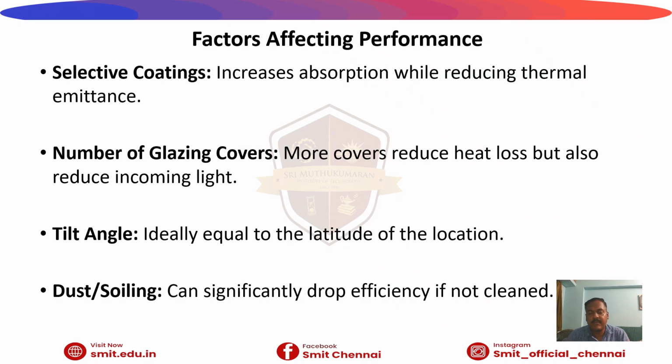Factors affecting the performance. Since we are receiving the heat energy, some factors affect gaining 100% of the heat. First, selective coating, number of glazing covers, tilt angle, and dust and soiling. Selective coating increases the absorption while reducing thermal emittance. If there are more glazing covers, heat loss is reduced, but the incoming light is also reduced.